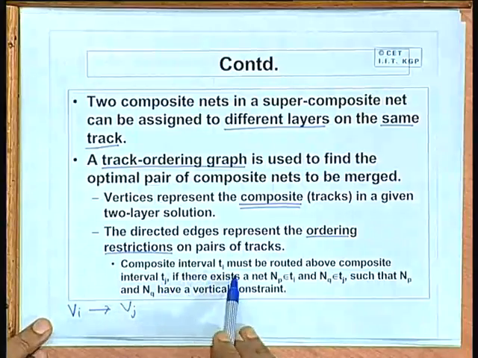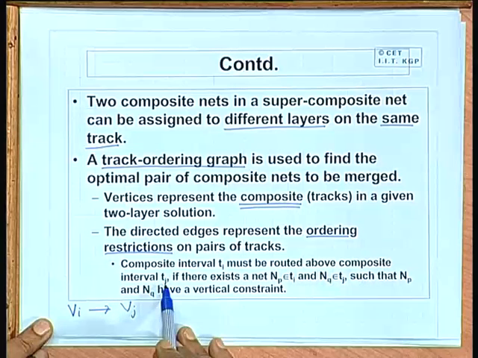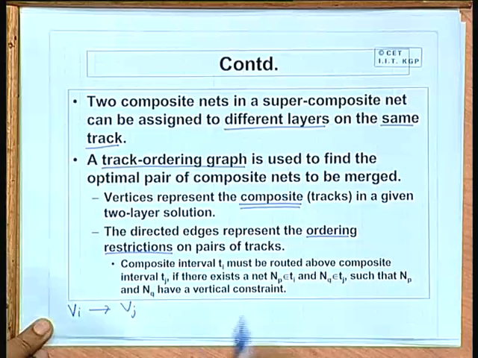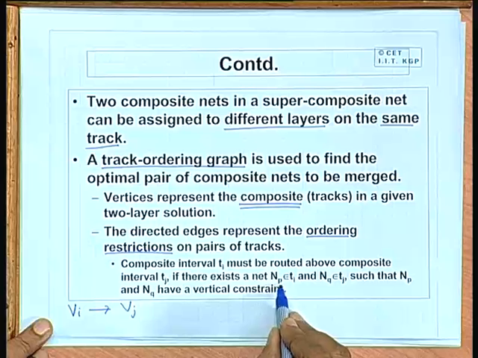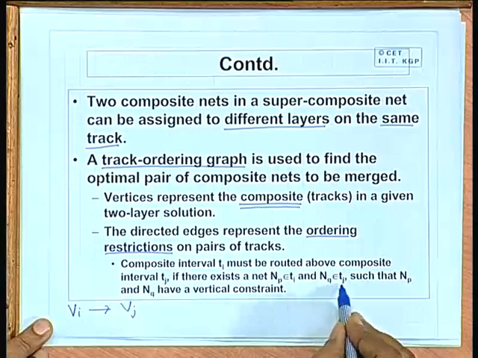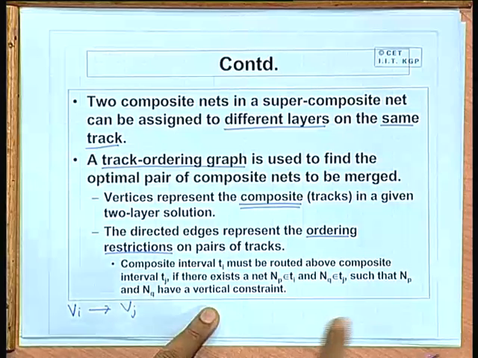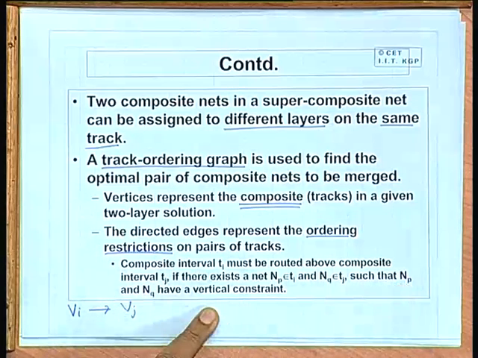So, composite interval Ti must be routed above composite interval Tj if there exists any particular net Np belonging to Ti and Nq belonging to Tj such that in the original VCG there was an edge from Np to Nq.